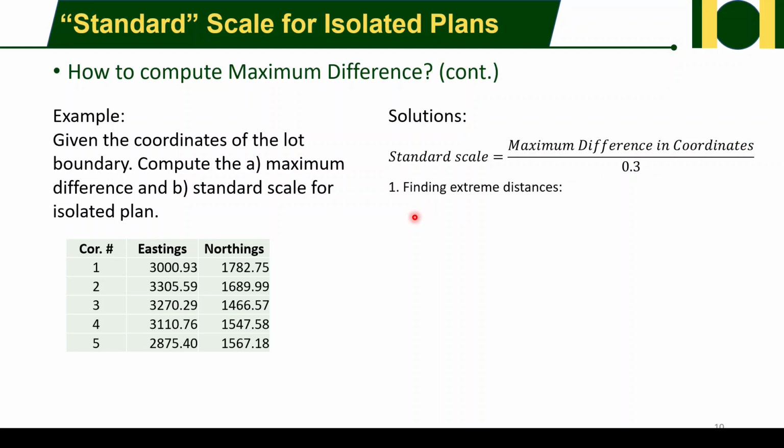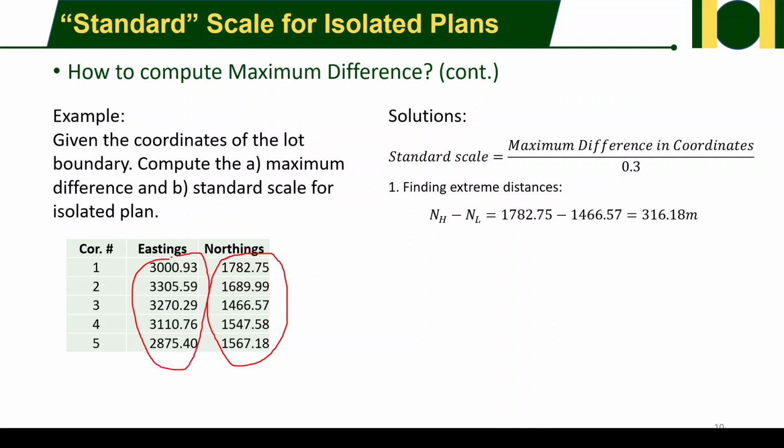So solving for the extreme distances, to find the extreme points you have to look at the highest and lowest in the northings, and the highest and lowest in the eastings.